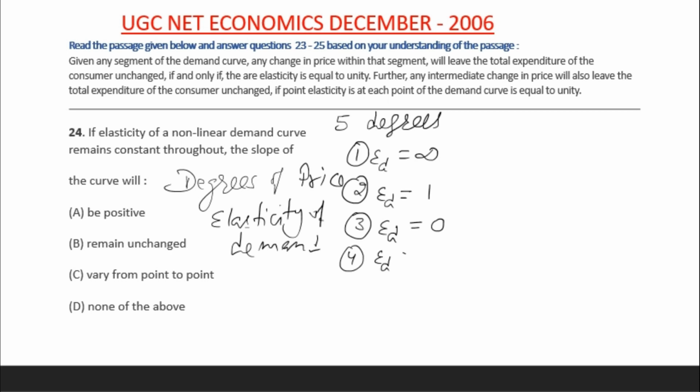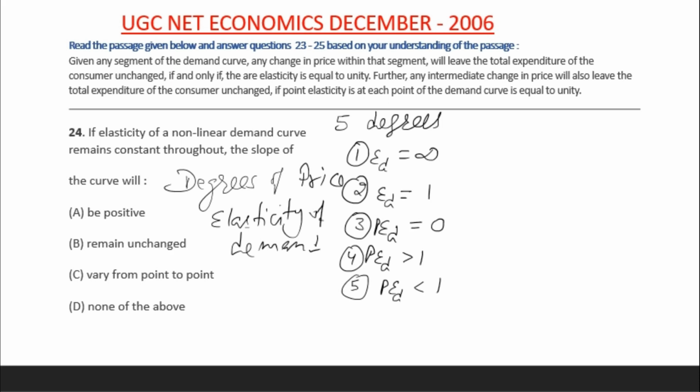Number 4, ED greater than 1. ED stands for elasticity of demand. I must write like PED, price elasticity of demand. And fifth degree is PED less than 1. I'm taking only magnitude. I'm not considering sign of elasticity.